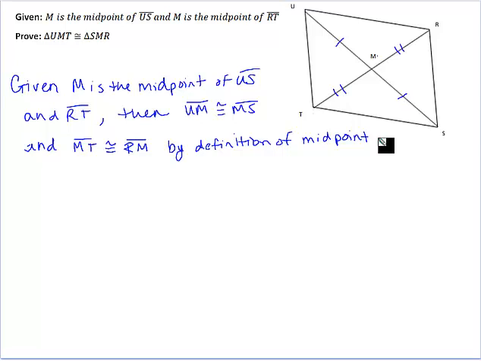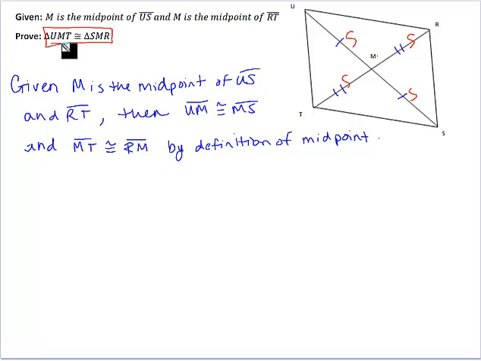Okay, and now let's stop and take a look at what we have here. So right now we have side, side. So we either need an included angle or a third side. But this diagram has 4 triangles, so it's not clear exactly which triangles we're trying to prove are equal. So let's take a look at that closer.